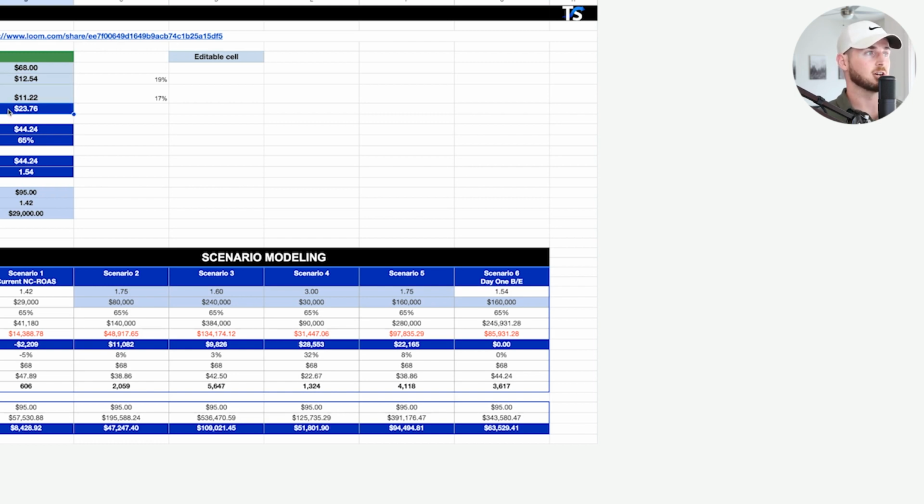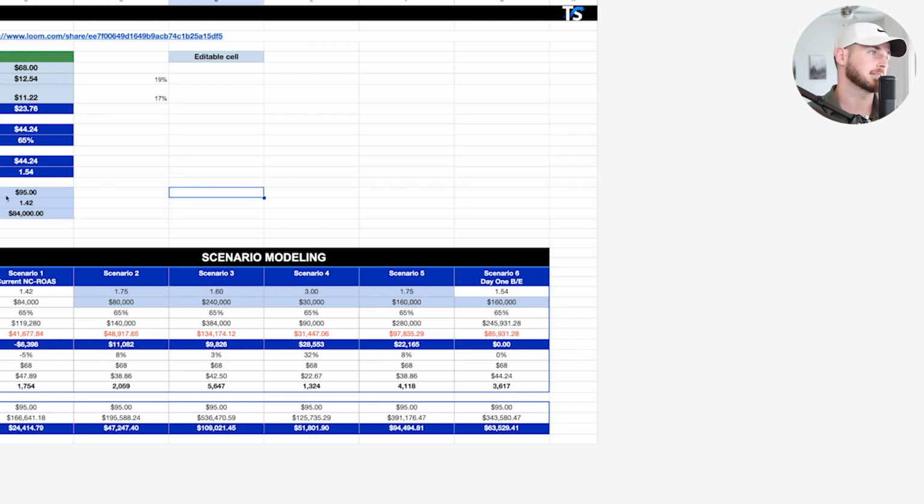So then we're gonna have a landed cost $23 per AOV, gross profit per AOV about $44, gross margin 65%, break even CPA $44.24, and then initial calculated break even ROAS about 1.54, and this is actually 84,000.